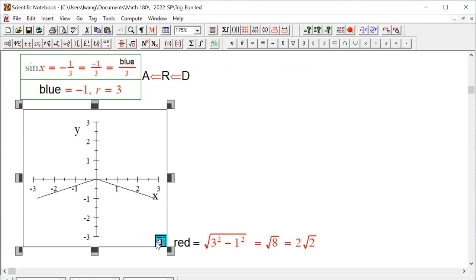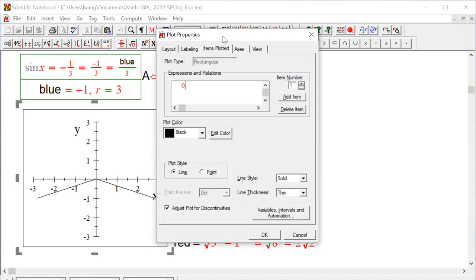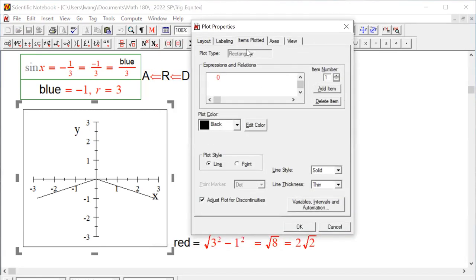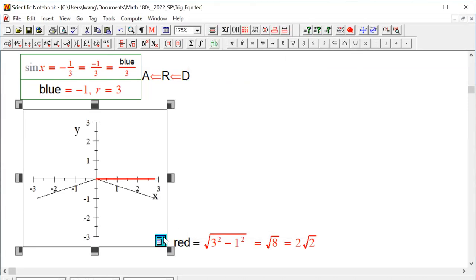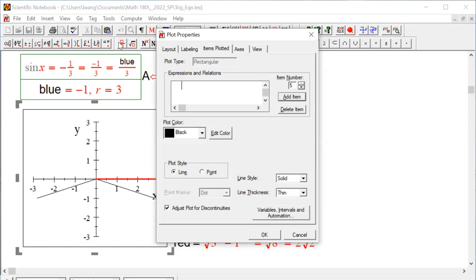And the red, so let me draw the red. So this way, when we draw this, it just looks nicer. So let me make this the red. 1 red, and there will be another red.